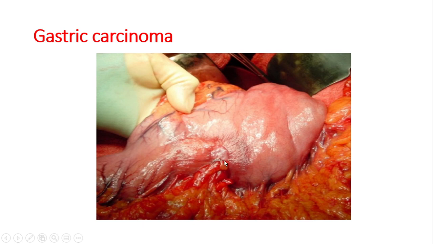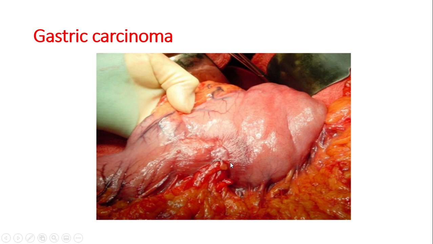Here this is the serosal surface of the stomach, with the peritoneal fat or mesenteric fat here.